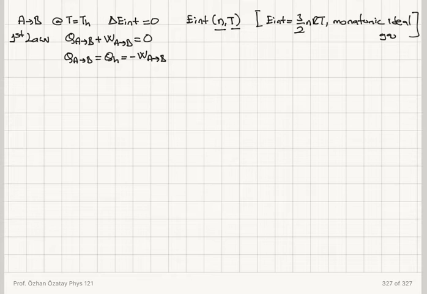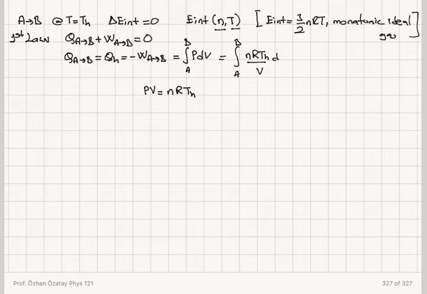The work done on the system is integral of minus p dV, so this will be integral plus p dV from point A to point B. Since this is an ideal gas inside this cylinder, PV is equal to nRTH, so this will be nRTH over V dV, so this will be nRTH natural logarithm VB over VA.